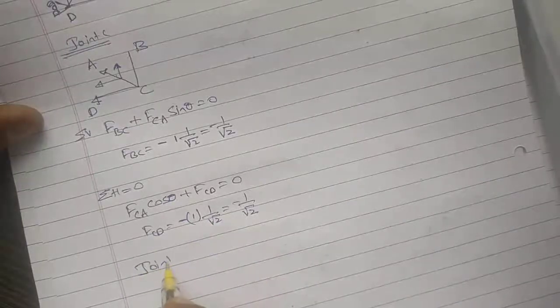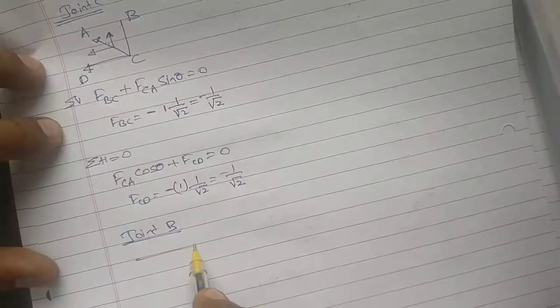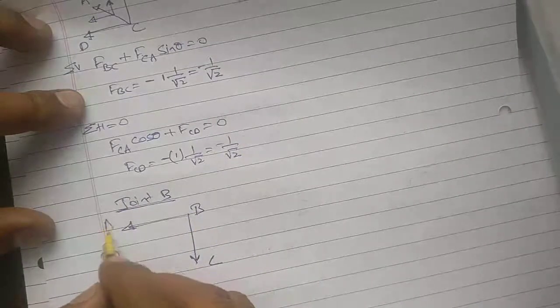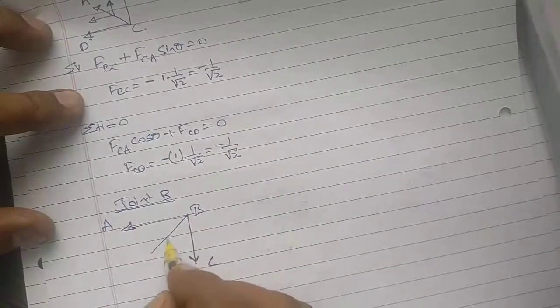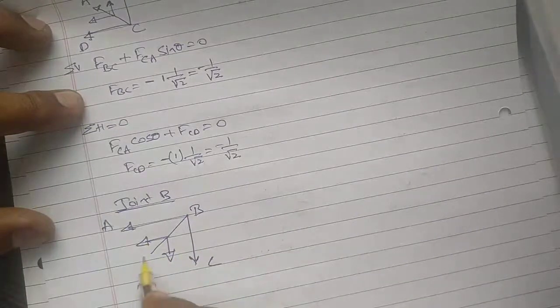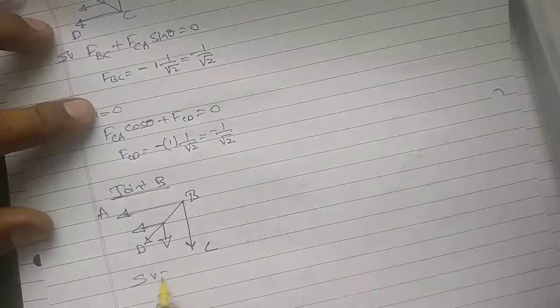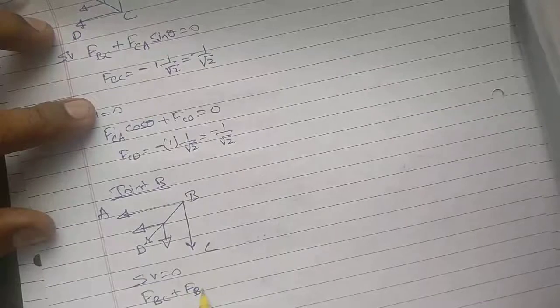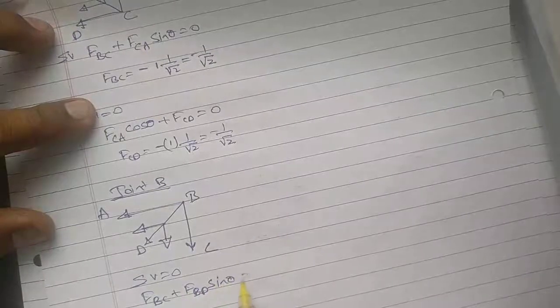Joint B. So you have like this, C, A, and this is D. Now sigma V is equal to 0, FBC plus FBD sin theta is equal to 0.